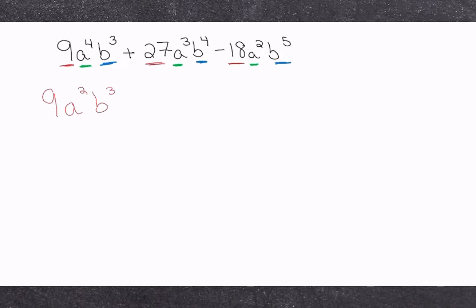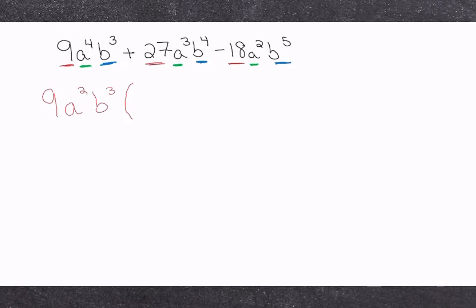So what I have created here is the GCF for the whole polynomial: 9a squared b to the third. Now I have to write what I have left in the parentheses once I take out that GCF. So 9 divided by 9 for the first term is 1, so I don't have a number.